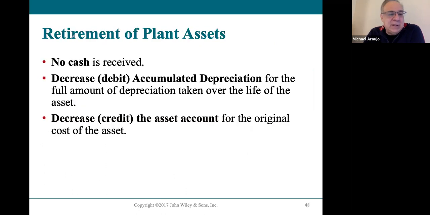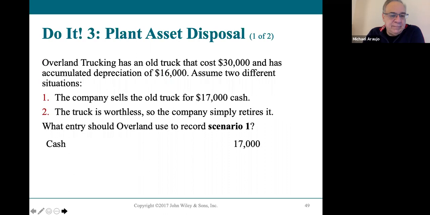In the case of a retirement, usually there's no cash received. So you take the full amount off the record, and if there's any remaining book value, it becomes a loss. Okay.